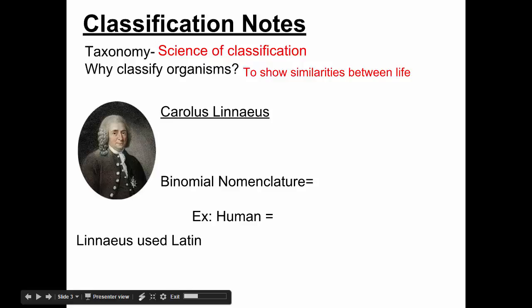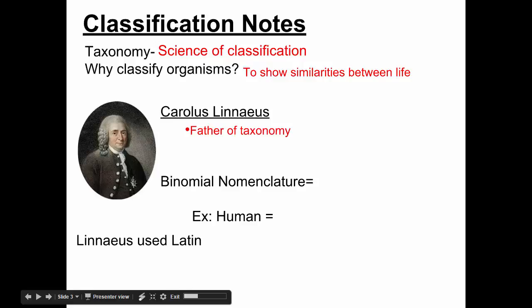Our modern system of classification that scientists use today started with a man whose original name was Carl von Linné, but he changed it to Carolus Linnaeus.